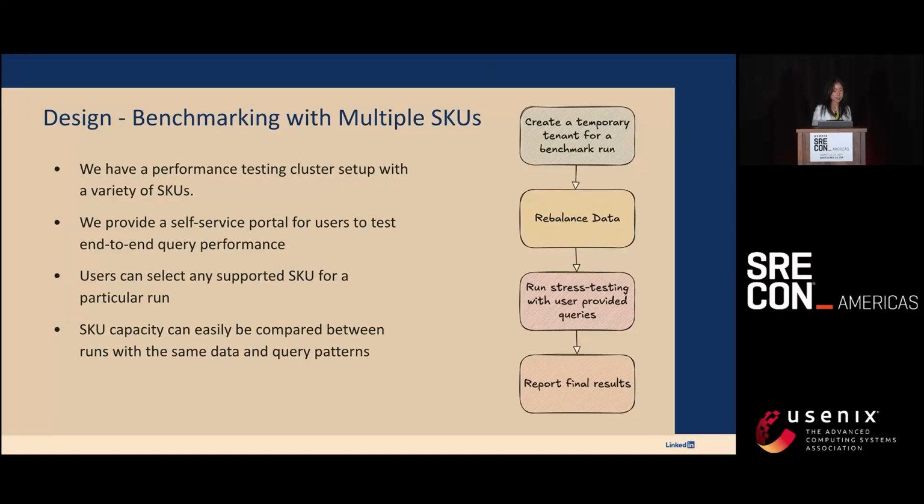And in this benchmarking service, we also offer SKU selection. So in addition to ramping their QPS and query pattern, we also made it self-serve so that they can select the servers that they want, the capacity that they need. We give them a pool of SKUs that they can use, also for us, for validating during the process as well. And in this process, they're able to test out real queries on multiple SKUs.